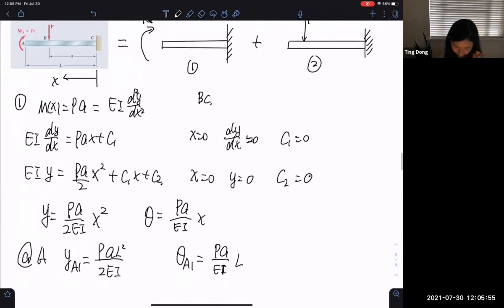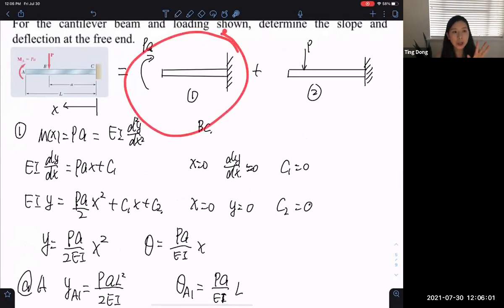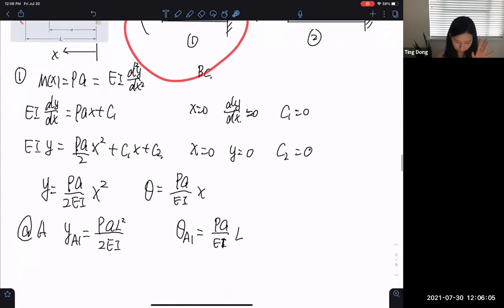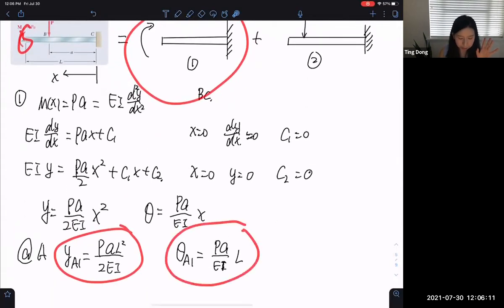So this is purely from the first loading condition, if we only have the bending moment PA applied to the beam. This is the deflection at the free end, and this is the rotation at the free end. So we are done with the first part.